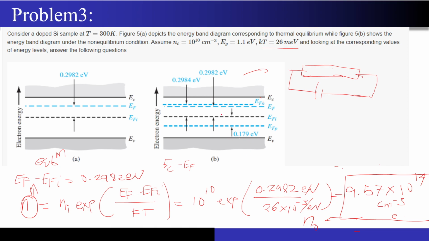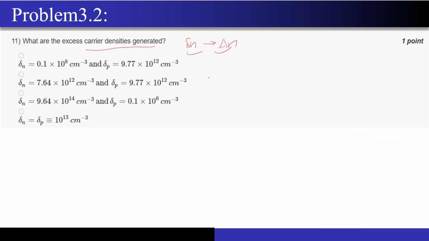Now once the semiconductor is not in equilibrium, I cannot apply the law of mass action, but the formula that is still valid is N total equals Ni times exponential of EFN minus EFi by KT.